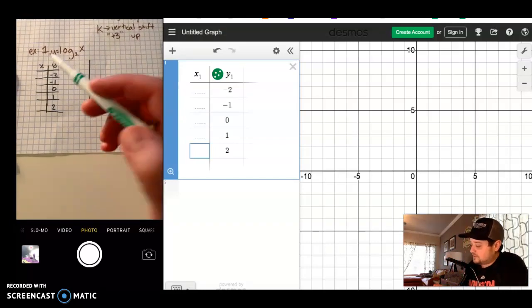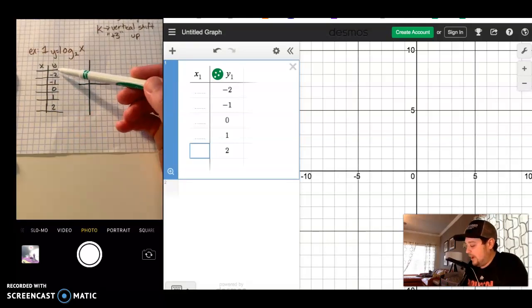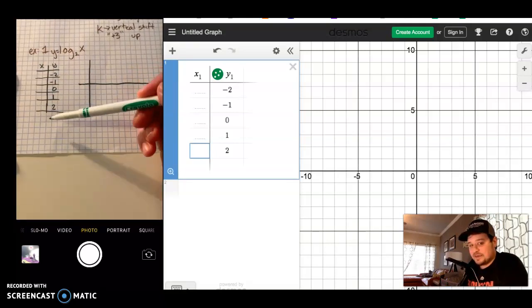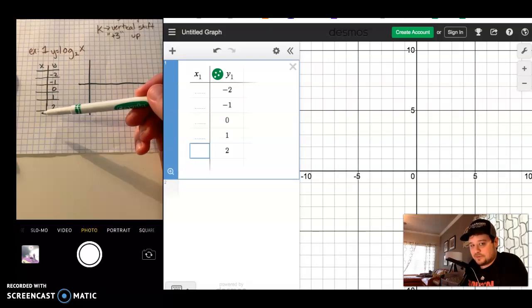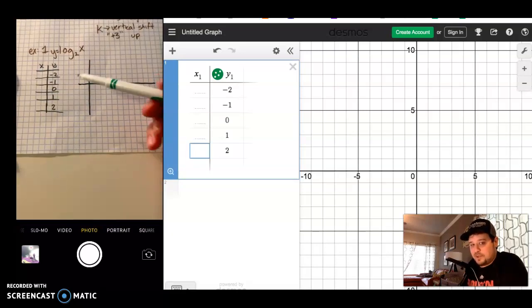Okay, so what I've got here is a table with x and y. Now, I made the y values the ones that I'm filling in. And the reason for that is it's going to be hard to anticipate the x values, right? Because if you think about it, when I'm working these out, I'm going to have to say 2 to the y power is equal to x, right?